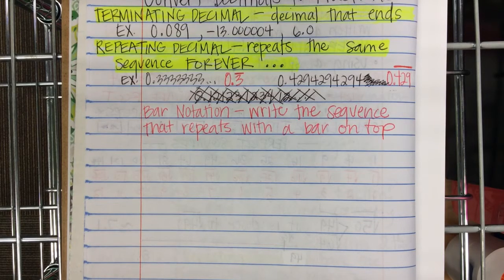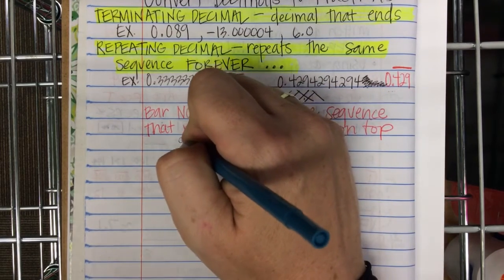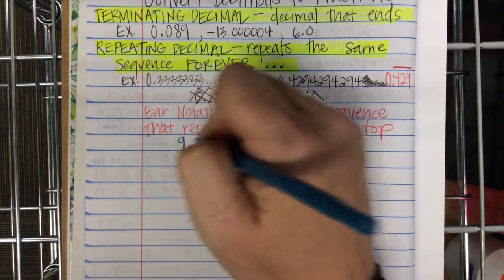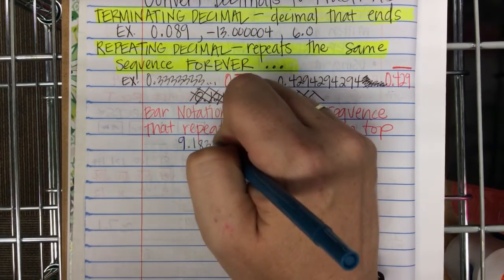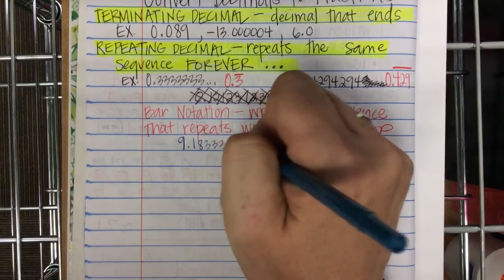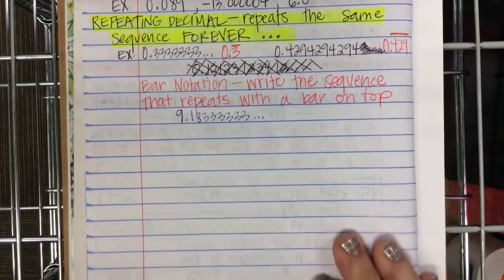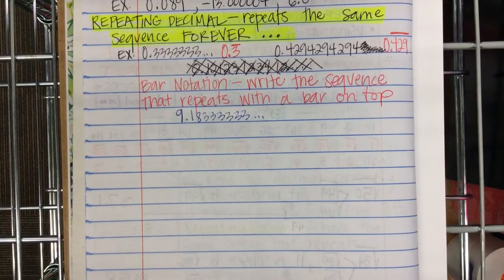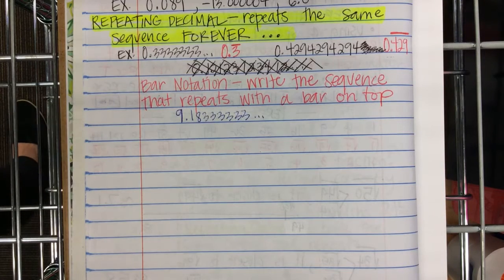What about this one? What about 9.183333333 dot dot dot?